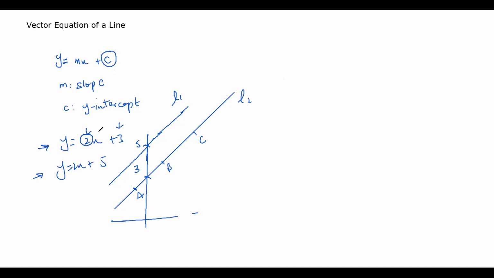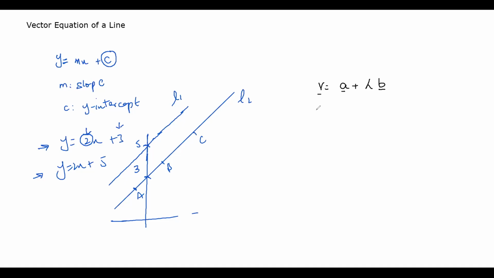And then most importantly, you will be able to see the relationship between the x, y, and z coordinates. Now the vector equation of a line is written in the form r is equal to a plus lambda b.